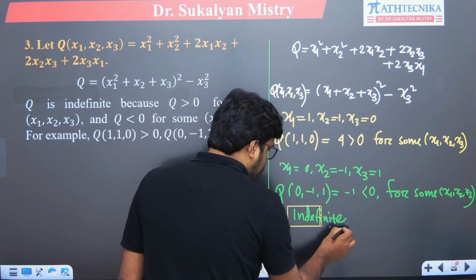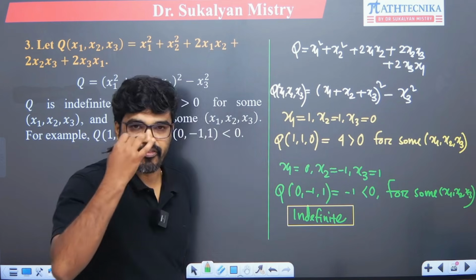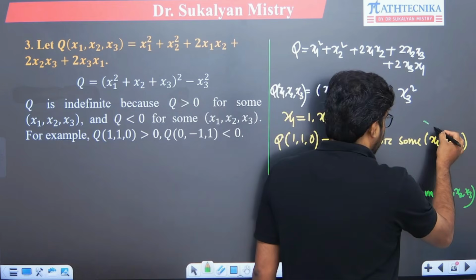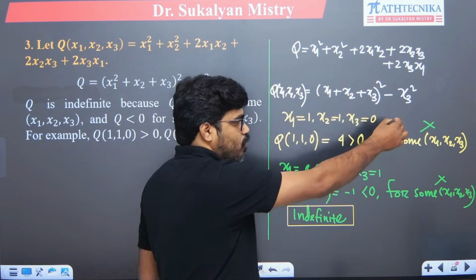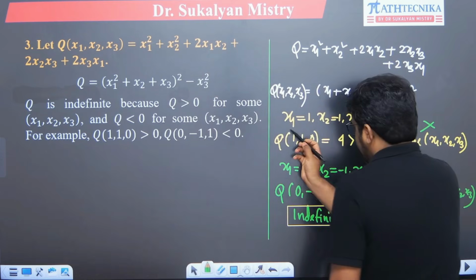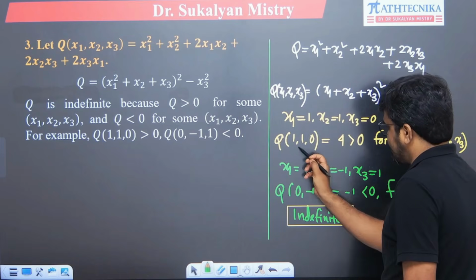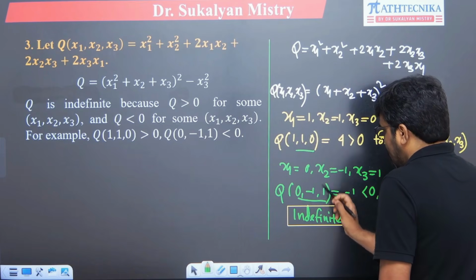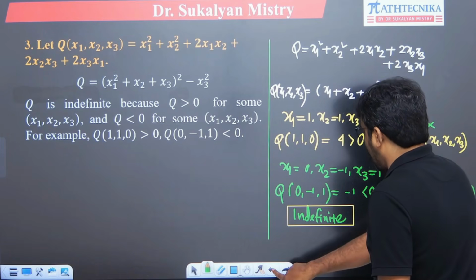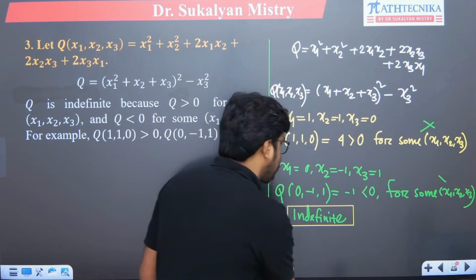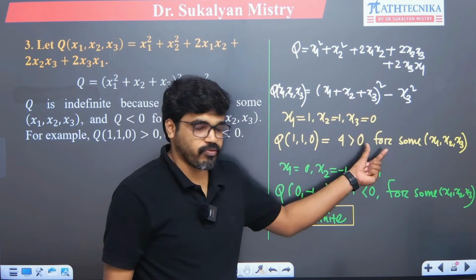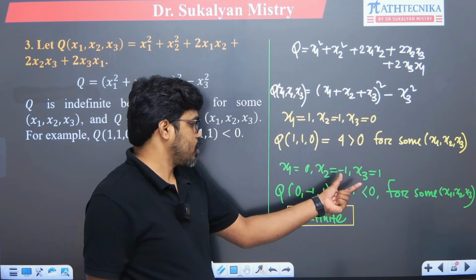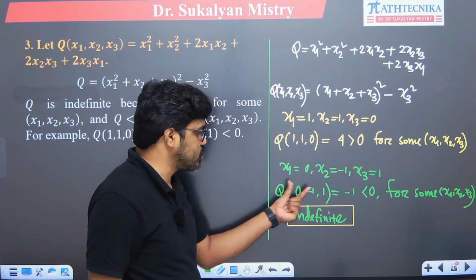So there exists some value of x, this is basically x, there exists some non-zero x, obviously this is not equal to 0, right? This is x is not equal to 0. So for some x not equal to 0, we get q is positive, as well as for some x not equal to 0, we get q is negative.